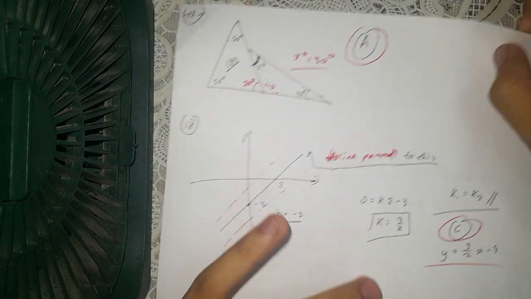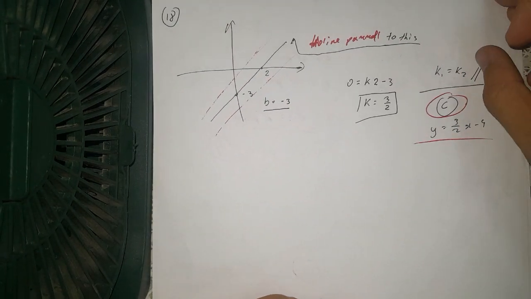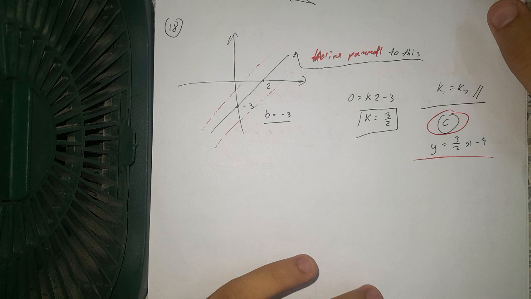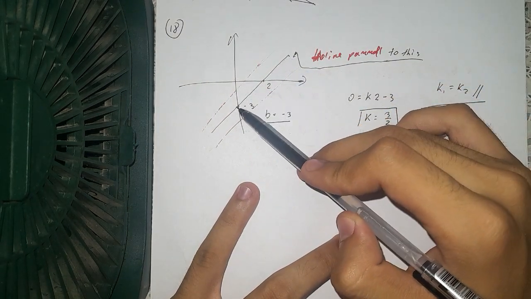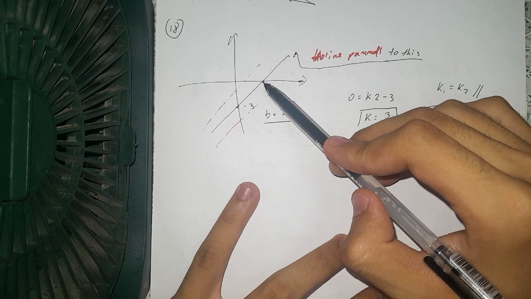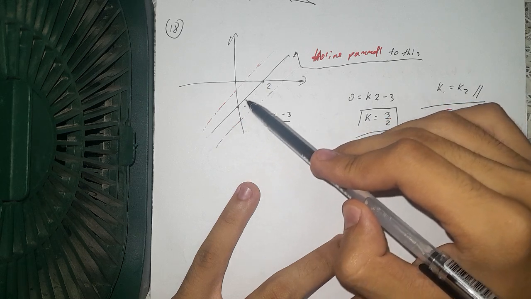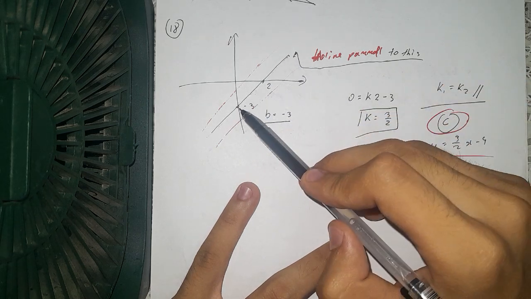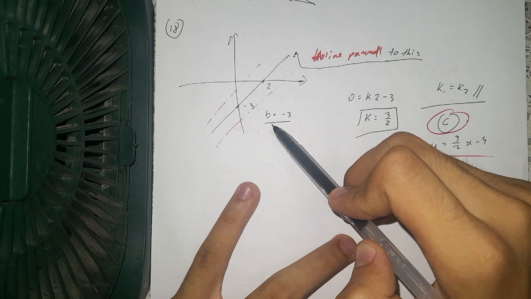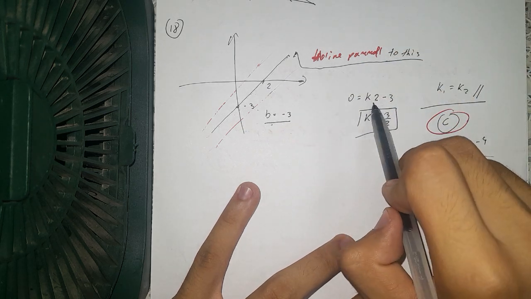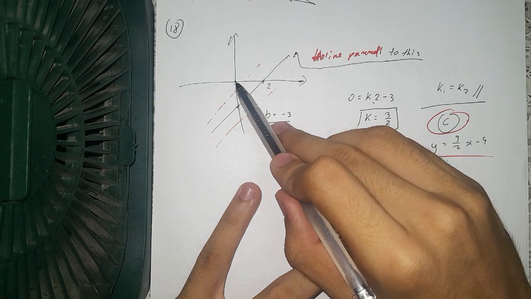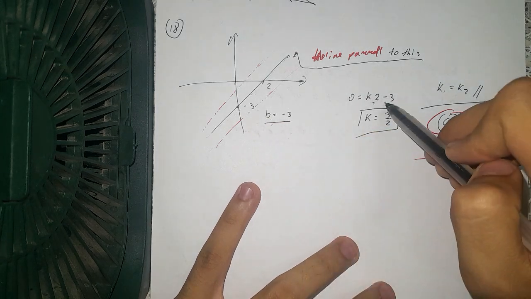That's 8. And the last question says that there's a given line which is passing through -3 and 2. And firstly, we have to find the equation of this. We know that b is -3, and just putting when x is 2 and y is 0, b is -3.